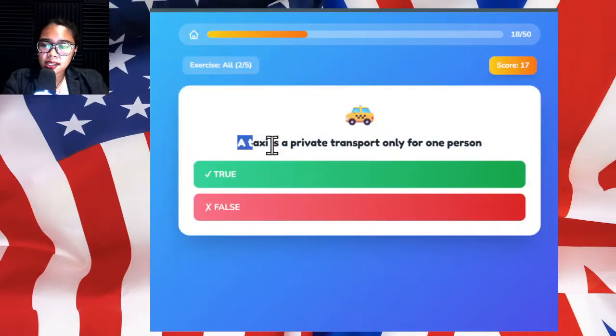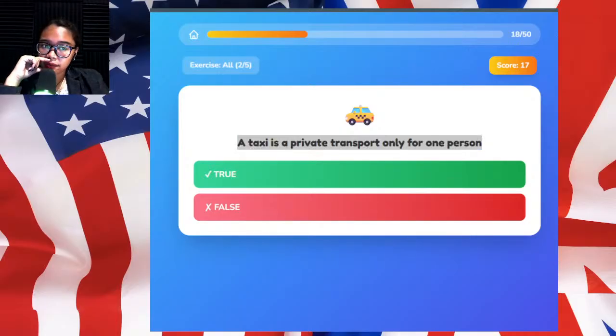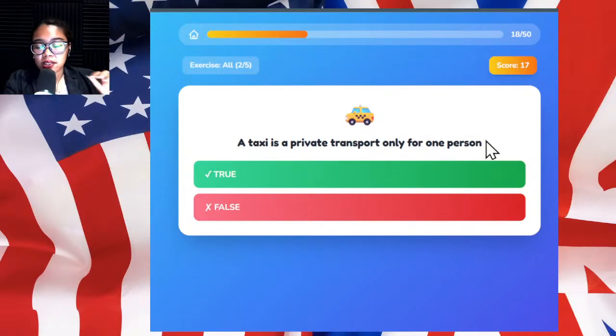Next, a taxi is a private transport only for one person. Again, a taxi is a private transport only for one person. Now, it's either you are solo or you have a companion, a friend, a family, a relative with you.